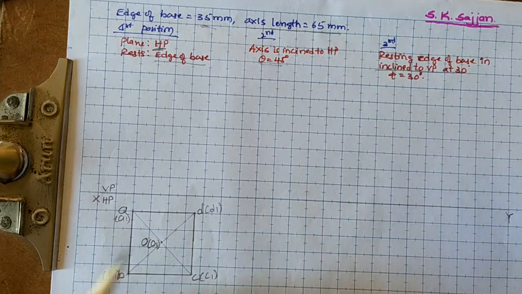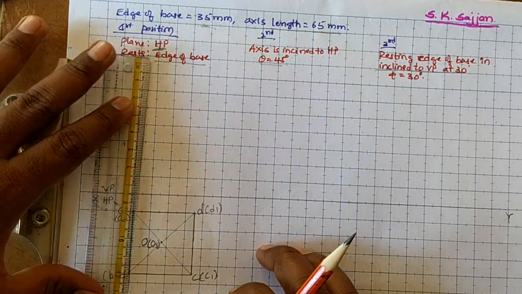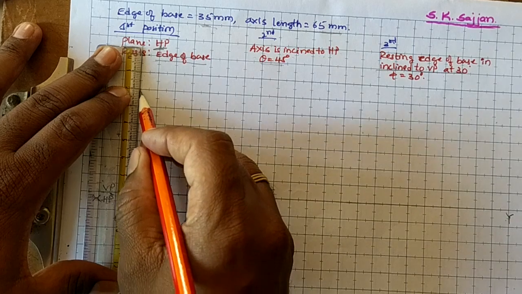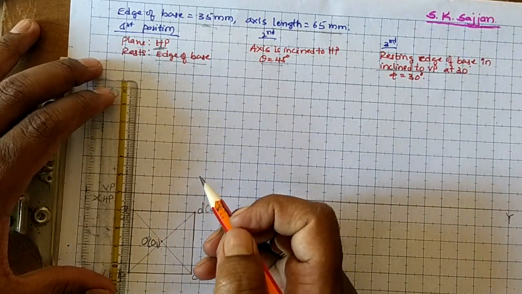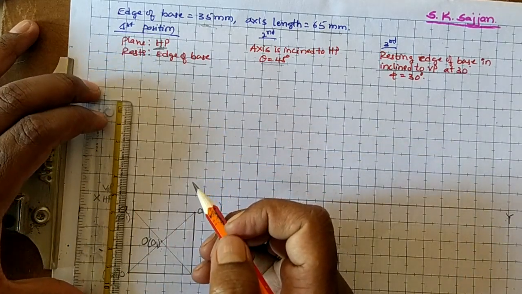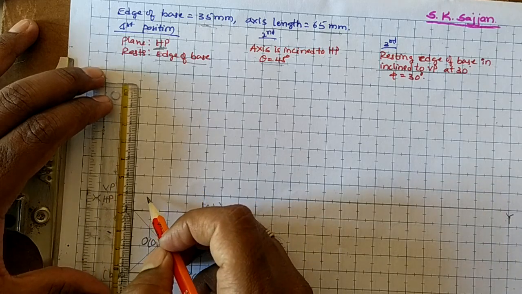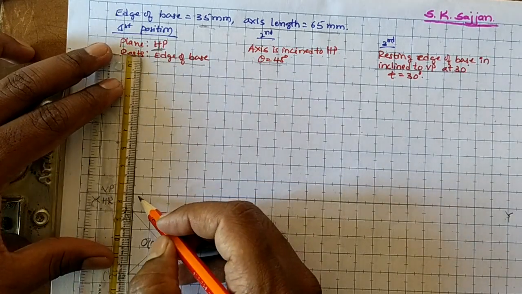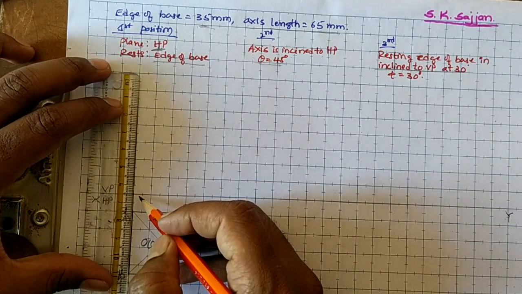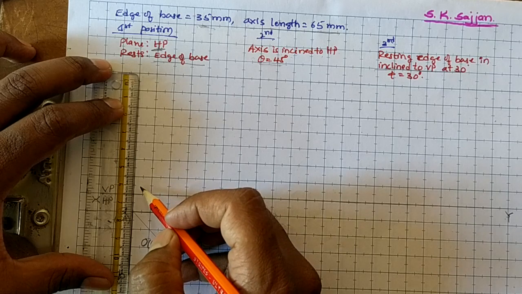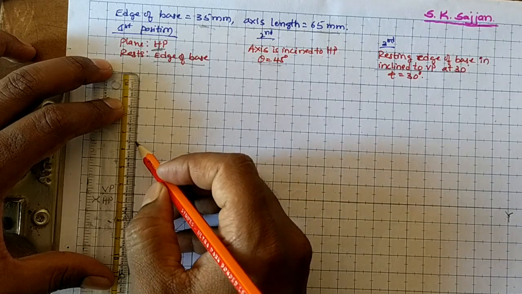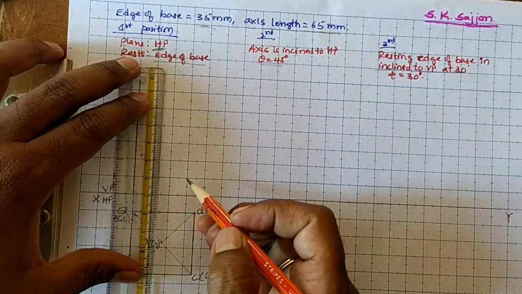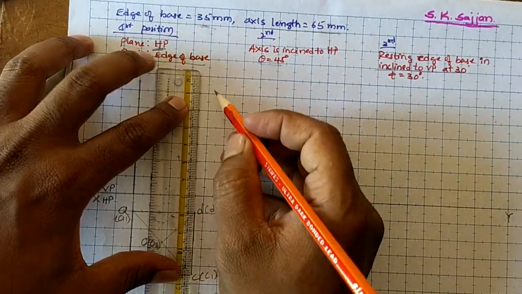See here, first I will project the top view upward direction from the xy line, of length 65. One, two, three, 4, 5, 6, 65.